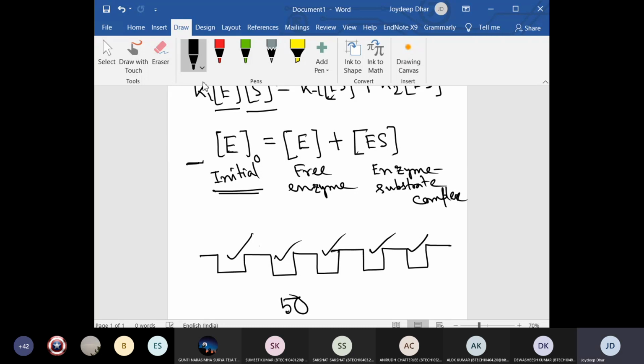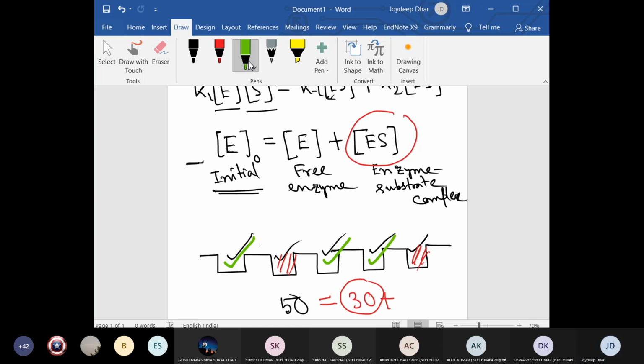Out of 50, all the pockets may not be occupied. Let's say 30 pockets are occupied. Those 30 give you the enzyme substrate complex, and the remaining 20 are free enzyme pockets. So 50 is the total concentration, given by free enzyme plus enzyme substrate complex.